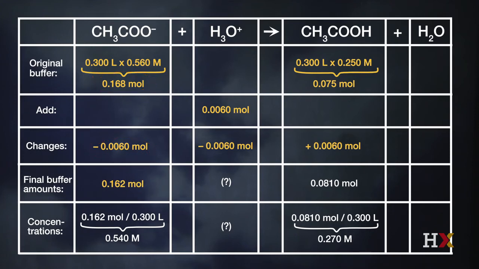Exactly the same logic applies to the weak acid. We've got 0.006 moles added to 0.075, and that gives us 0.081 moles of the weak acid.